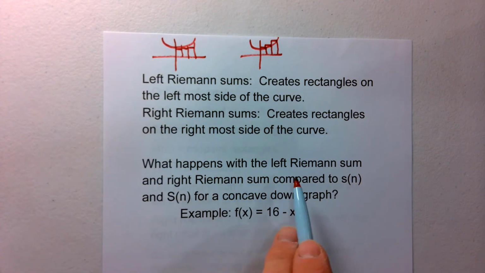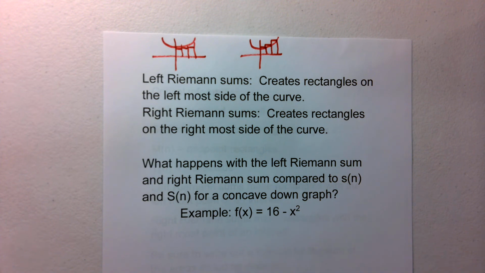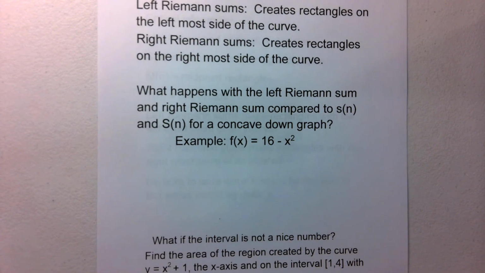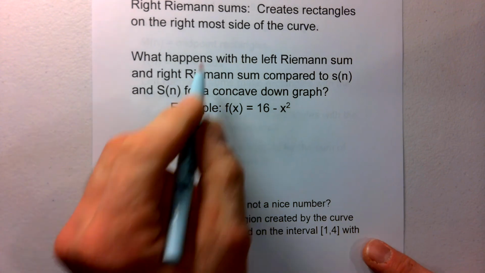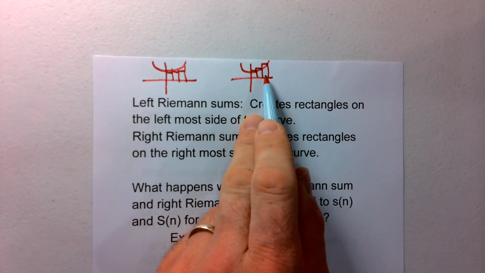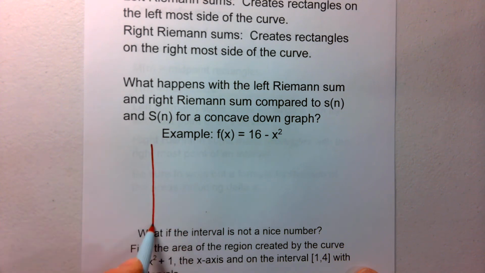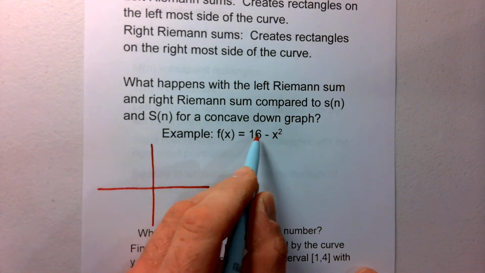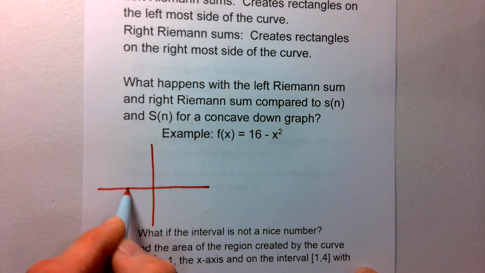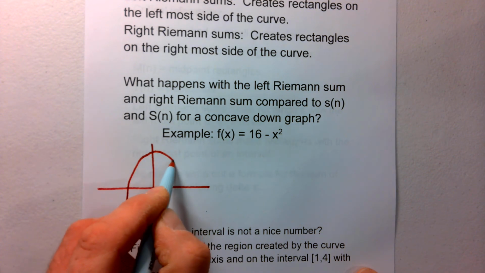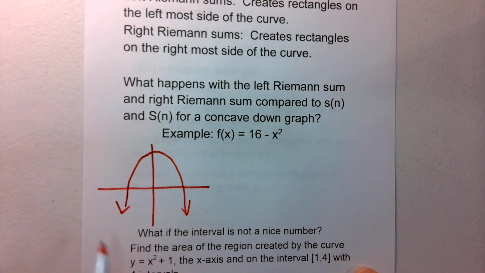Well, what happens to left and right Riemann sums compared to little s and big S of n for a concave down graph? Here we had concave up graphs, which we talked about concavity in our last chapter. Here, what happens if I give you 16 minus x squared? It's going to look something like that.